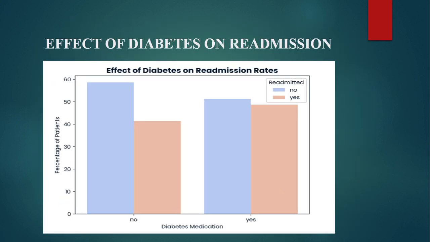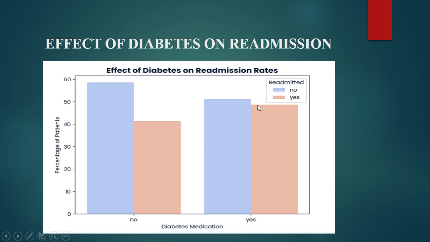This bar chart shows the comparison of readmission rates between patients who were and were not on diabetes medication. Patients without diabetes medication had a slightly higher percentage of being readmitted, around 41%, compared to 48% among those on medication.